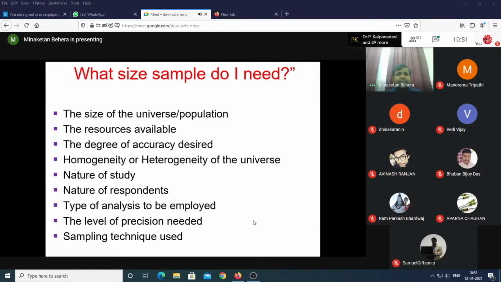You will find that in most cases, if you are using any statistical model and selecting a sample size of 200 plus, it is the best representative of the population. If you are below 200, you can apply statistical tools or modeling, but that is not that helpful for you.